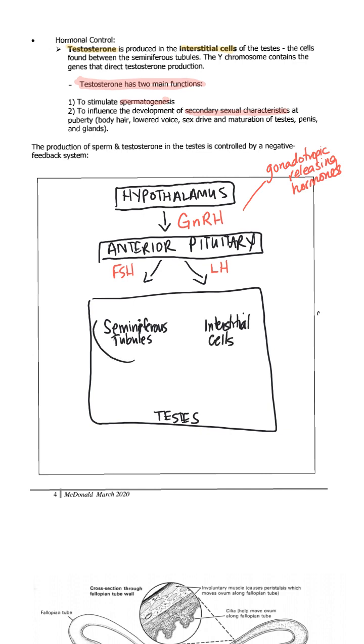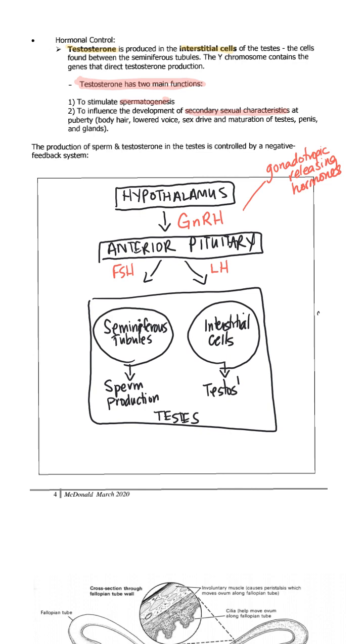Those are both inside the testes, and each of these hormones, FSH and LH, is going to target different sites of the testes. The FSH targets the seminiferous tubules for sperm production, because that's where the sperm is made. The interstitial cells are going to be targeted by LH for testosterone production.